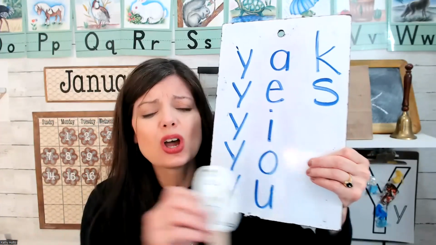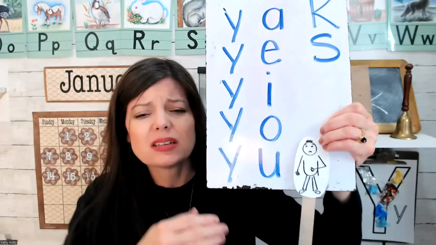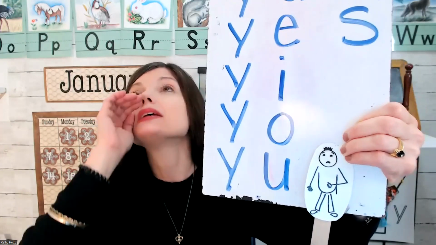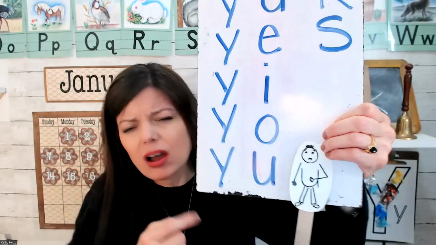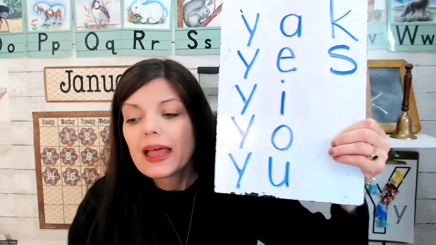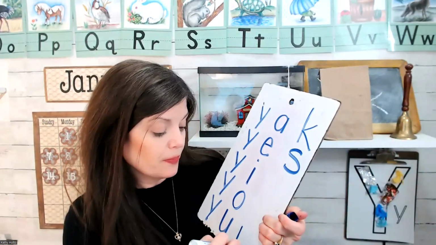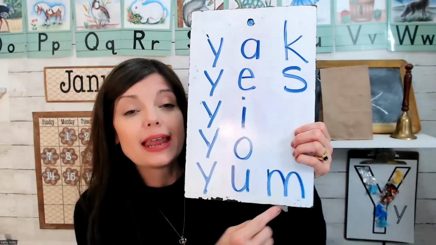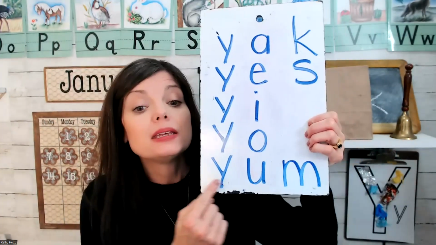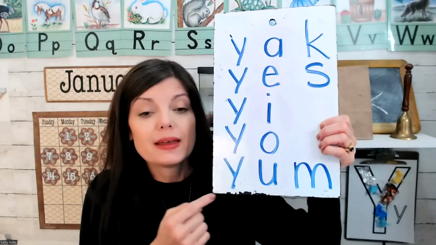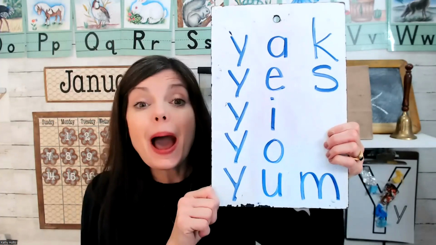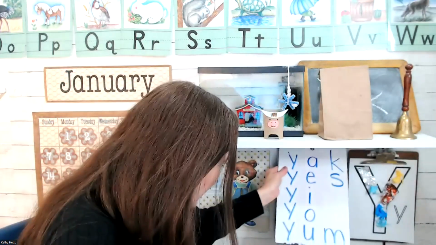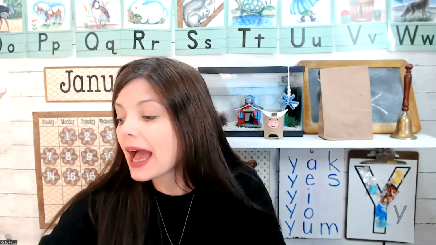U has a tummy ache and says yuh. Let's put a letter M at the end and see if we can read this real word. All right, this is yuh. And M says mm, yum. Well, you did a great job with our blending and reading time.